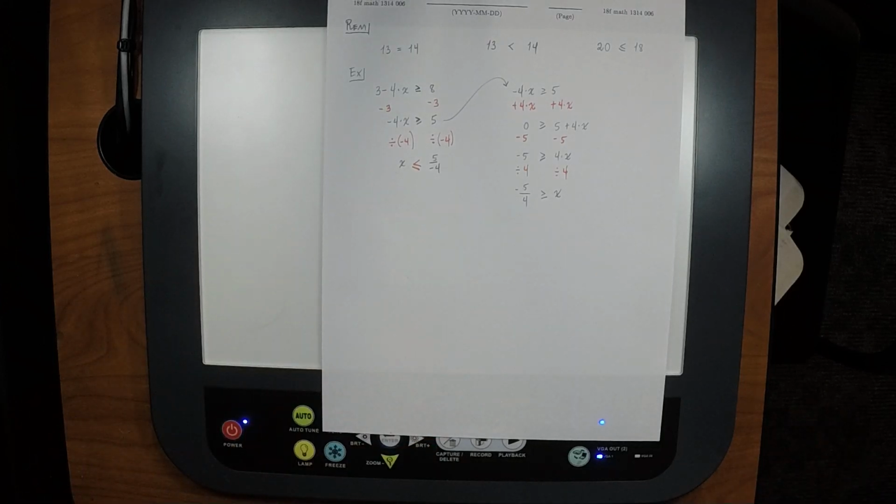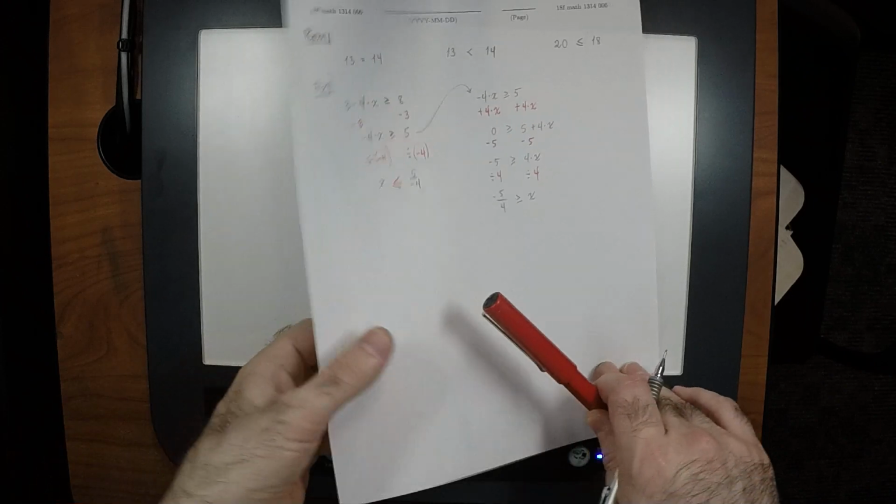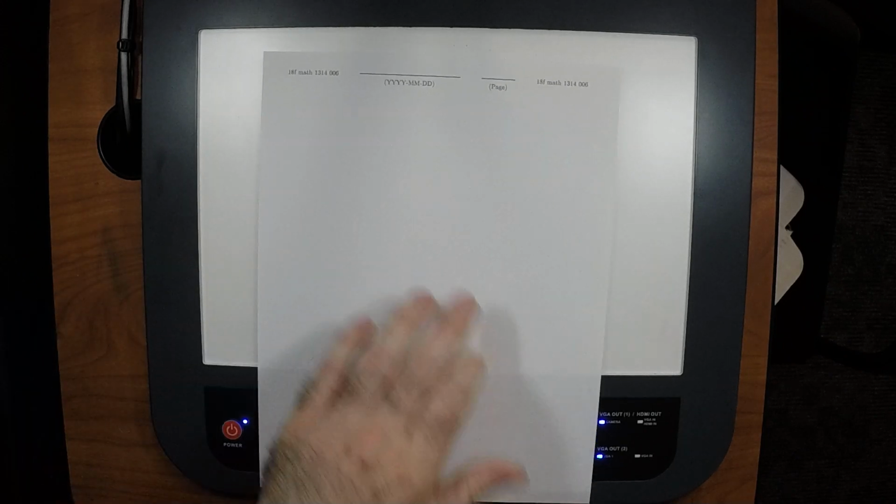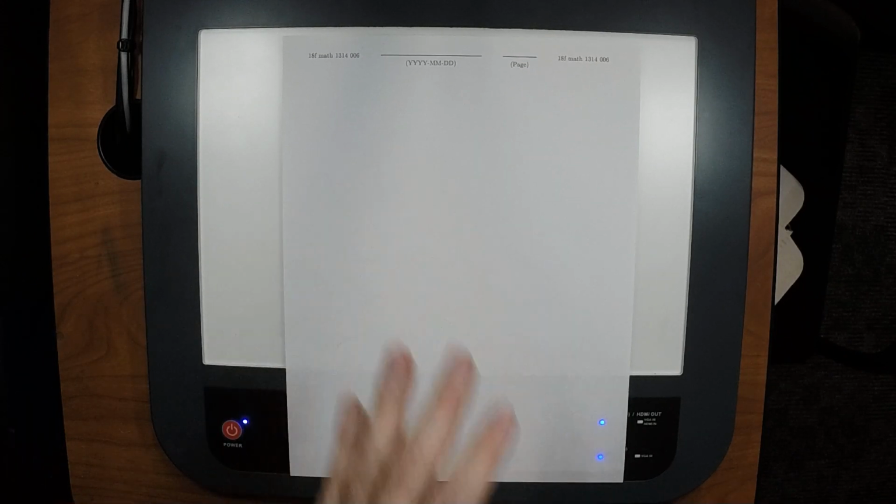All right. So now what we're going to do is talk about one of the most important things that you're going to learn in this class, especially if you're going to end up going to calculus. So if you have any plans at all of eventually taking a calculus class, this is a very important thing. Also, it's really tedious.